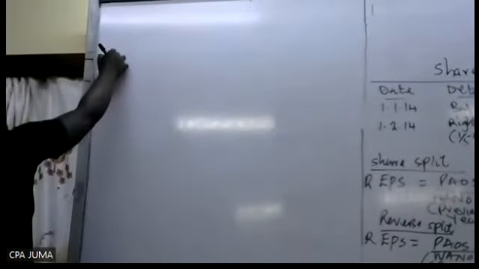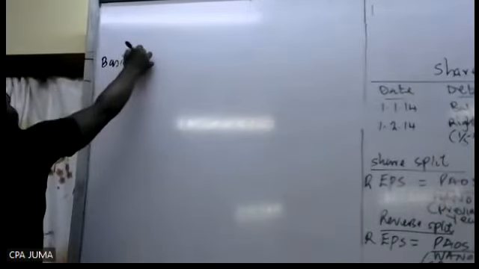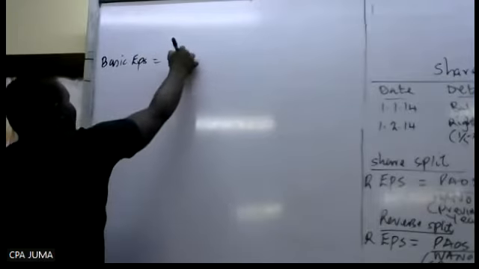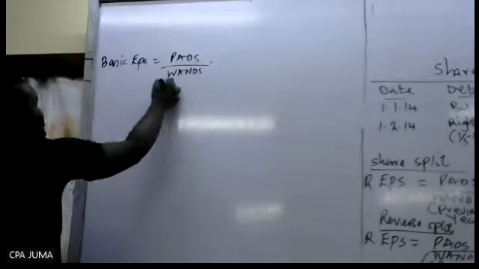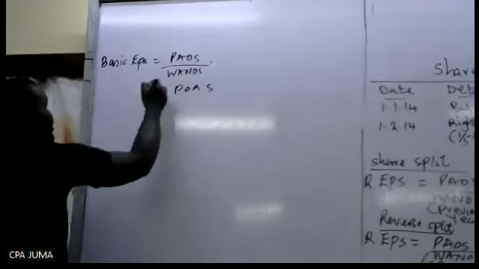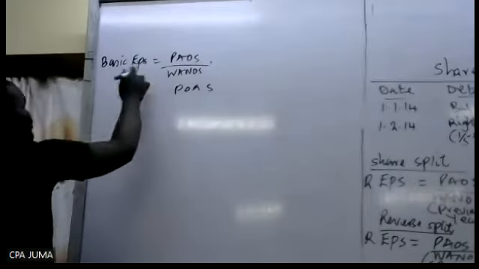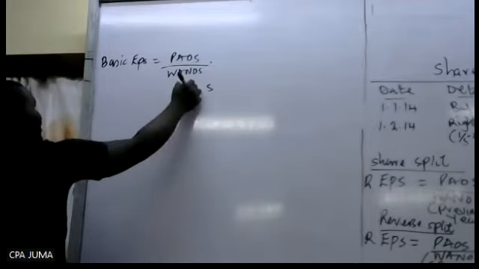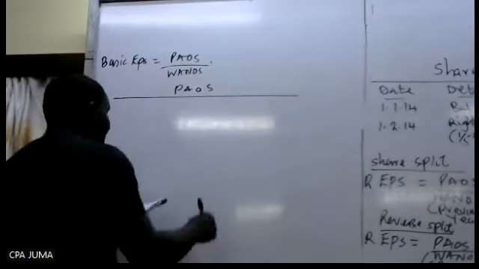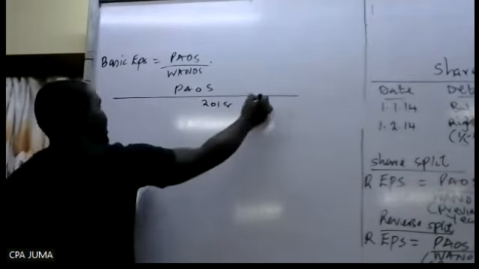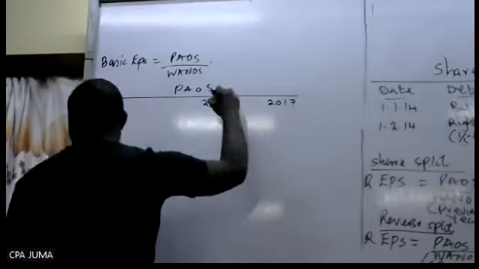For basic EPS, as usual, I will take the profit and divide by the weighted average number of shares. So the profit, we have agreed, if you have more than a year, then capture the profit at once. So this is 2018, this is 2017.